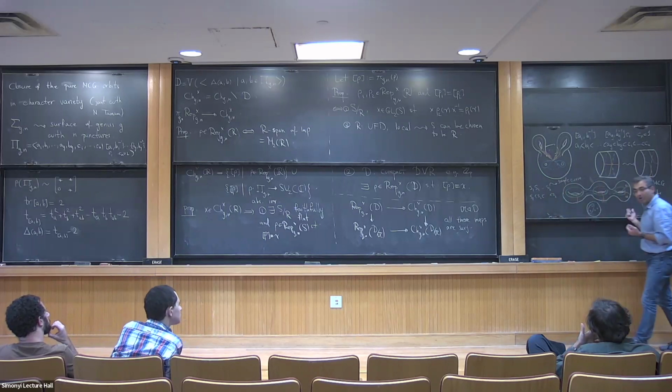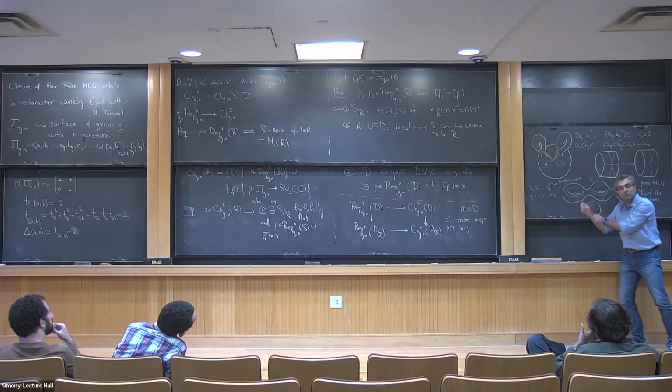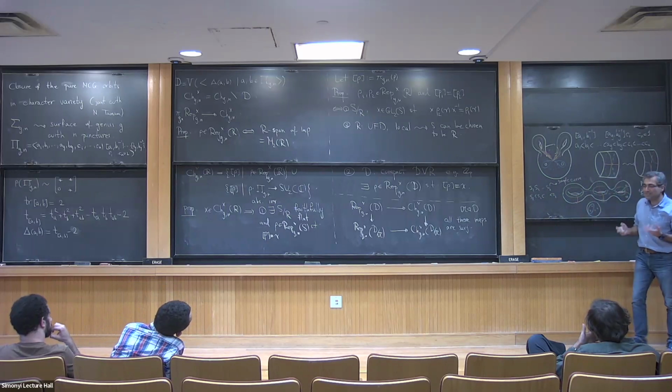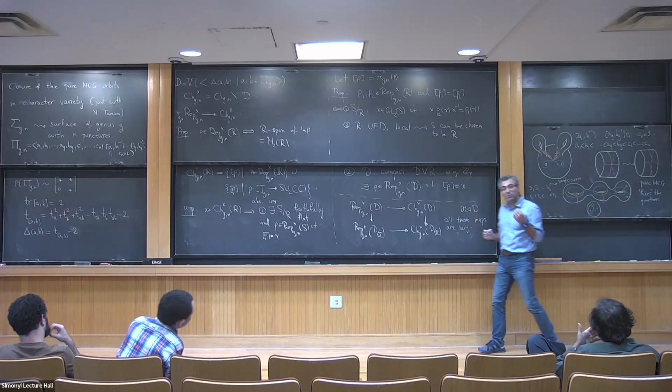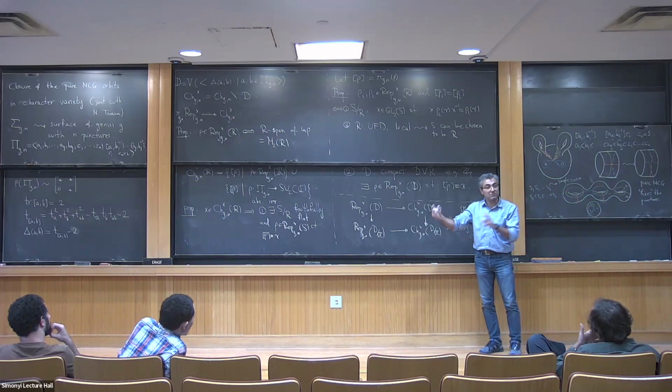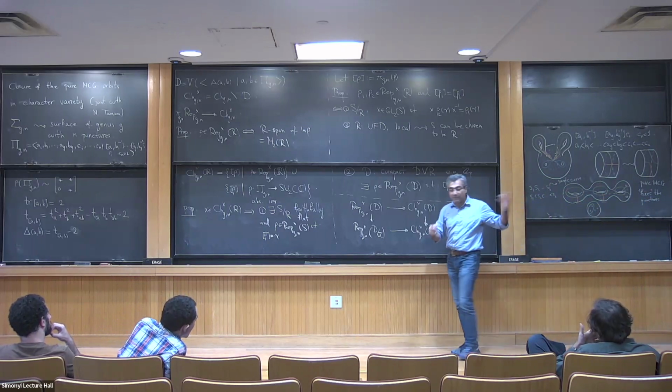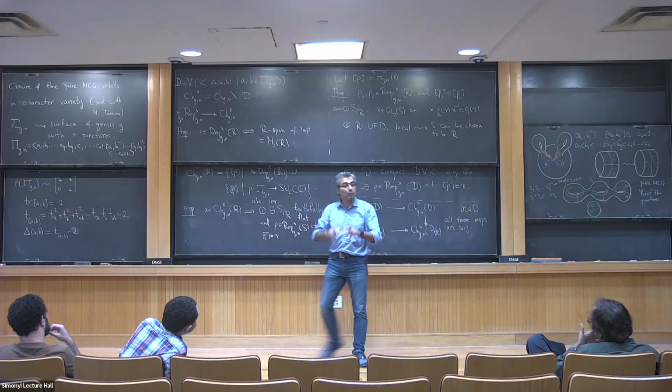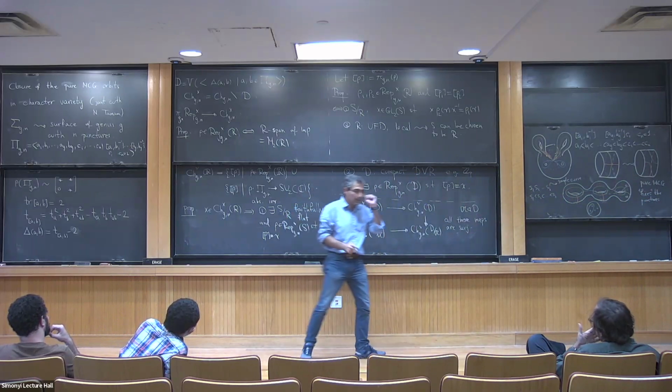But when I give you an arbitrary diffeomorphism, the base point might move somewhere else. So it's not going to give me an automorphism, it's going to give me an outer automorphism. So there is always a nice map from the mapping class group to the group of outer automorphisms of the group.